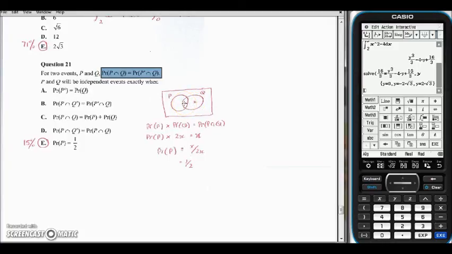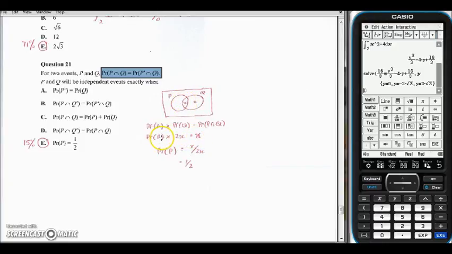Now we know that two events are independent when the probability of one multiplied by the probability of the other is equal to the probability of the intersection between the two. So the probability of P multiplied by the probability of Q, which is 2x, is equal to x.